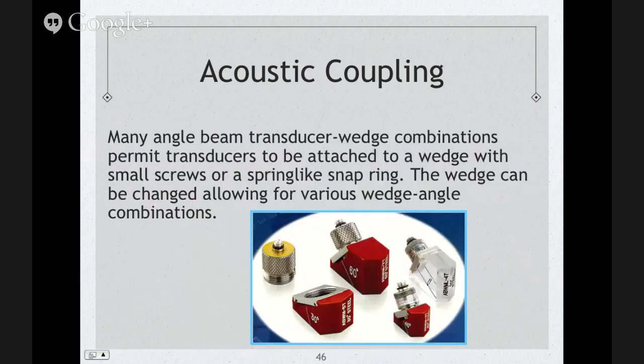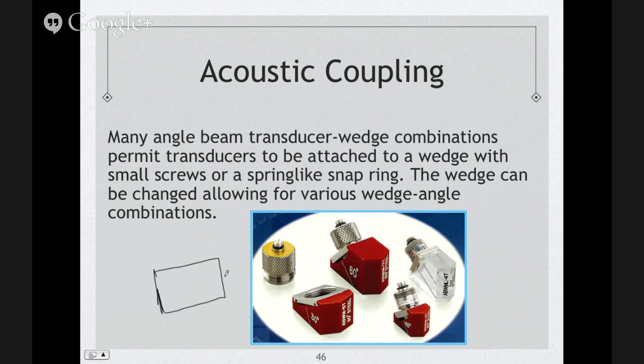Many angle beam transducer wedge combinations permit transducers to be attached to a wedge with small screws or spring-like snap rings. The wedge can be changed, allowing for various wedge angle combinations. And the reason why we want to use a lot of those wedges is because they're cheaper. It's cheaper to buy a wedge, which is made out of plastic or Plexiglas, than buying a whole transducer, than the little black box that you guys saw that has the transducer embedded in it.